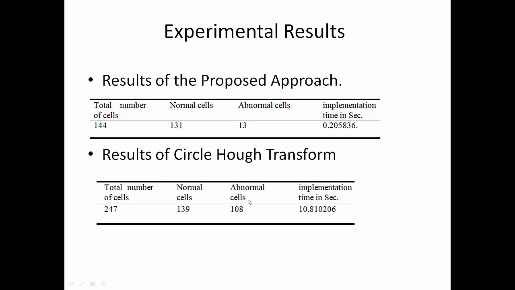As you see here, there is big difference between the numbers. This number is almost accurate, while this is very far from this number. So they get just the approximate number of abnormal cells, and they use 2 smears instead of 1 smear. But with our approach, we use only 1 smear to calculate an accurate number.